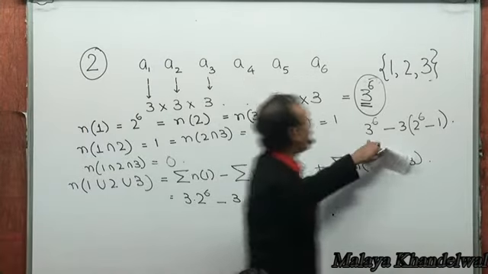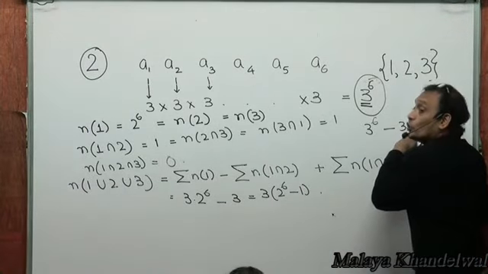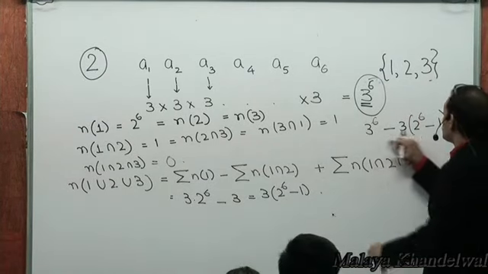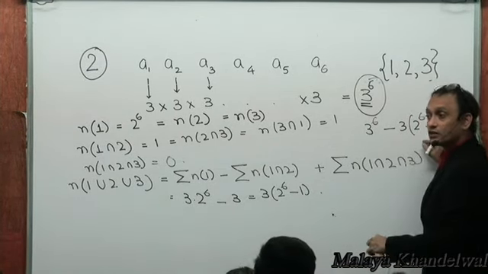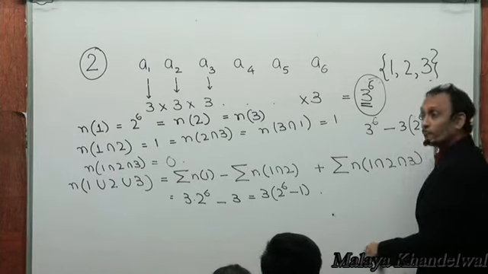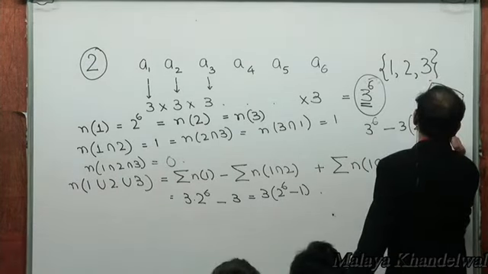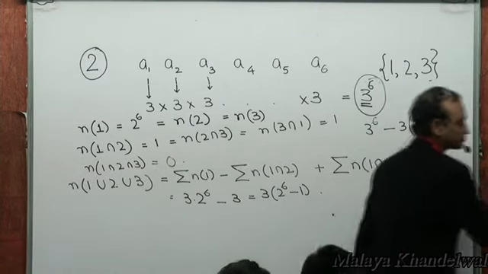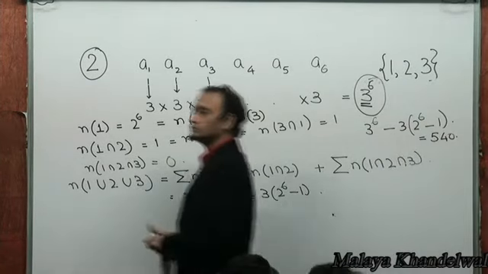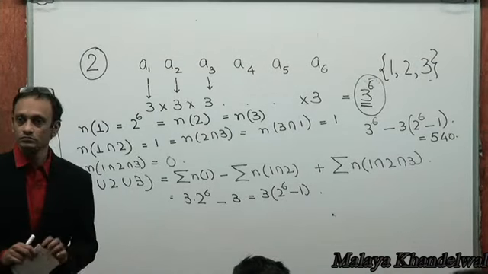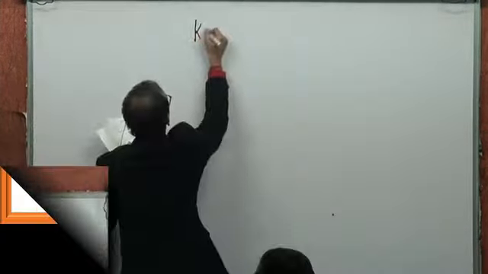And these are those that don't contain at least one of them. So this would be the required count. How much does it turn out to be? 540? Okay, so this turns out to be 540, as suggested by you. Yes or no? Got it, right?